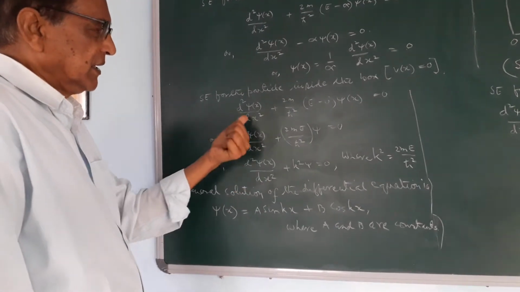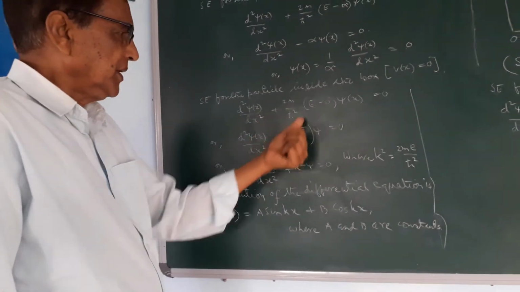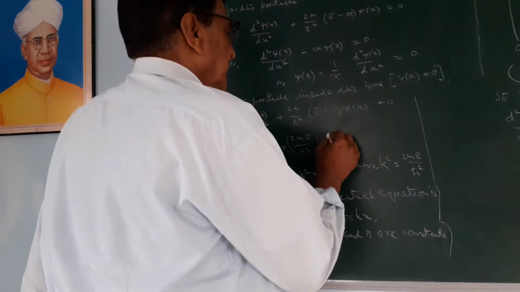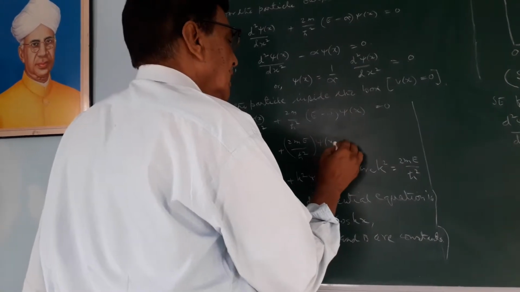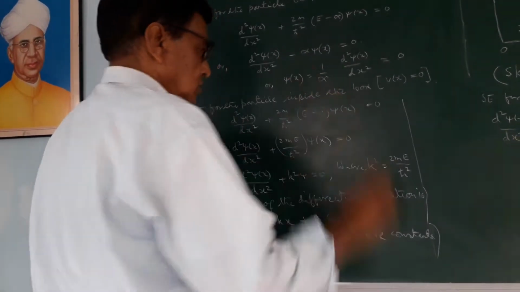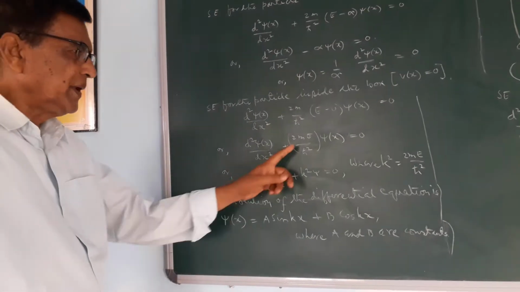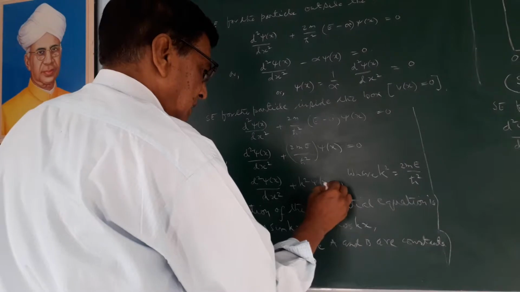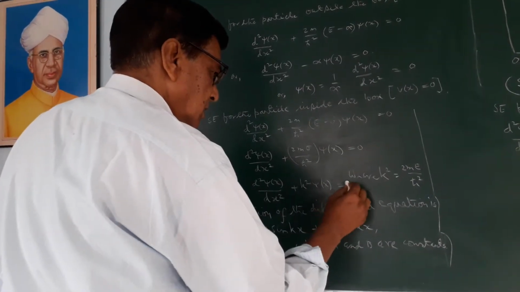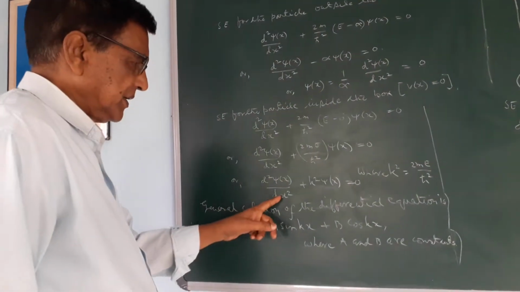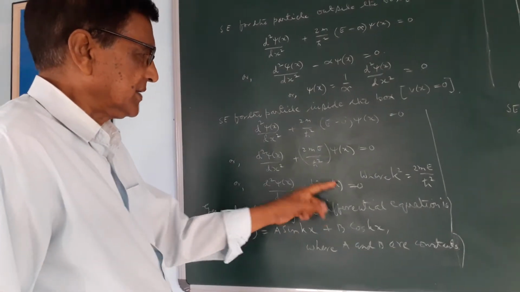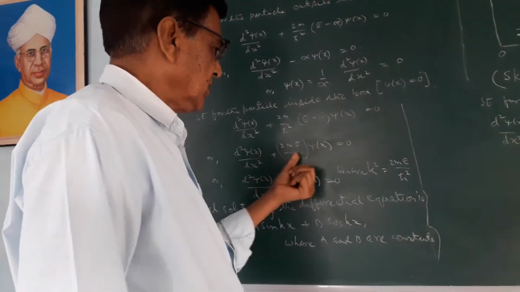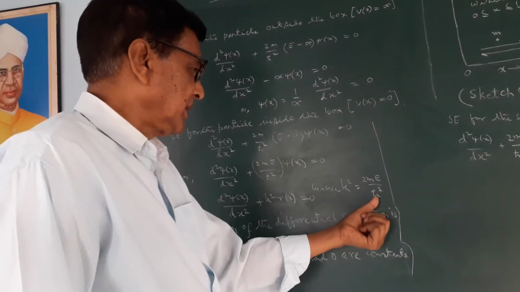This one remains the same, (2mE/ħ²) within brackets times ψ(x) equals 0. It could be written as d2ψ/dx² + k²ψ = 0, where k² is the term within the bracket, and k² is a constant equal to 2mE/ħ².